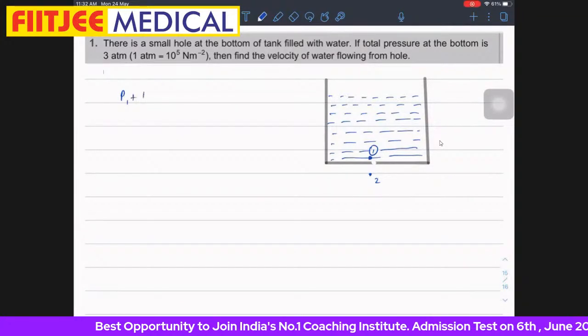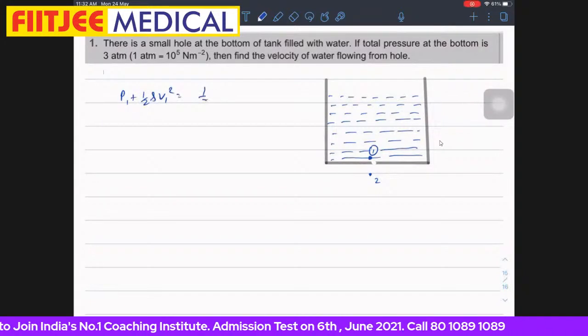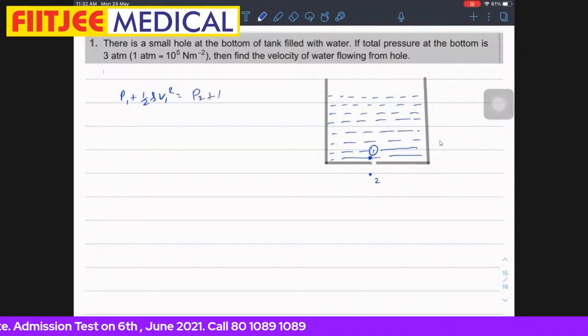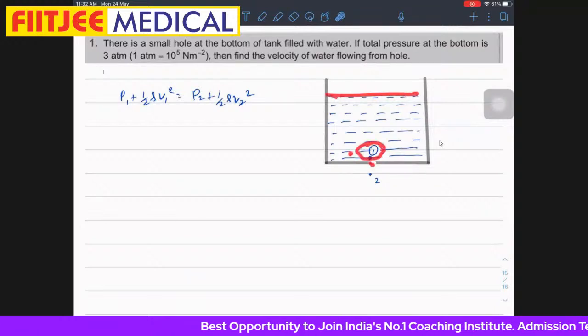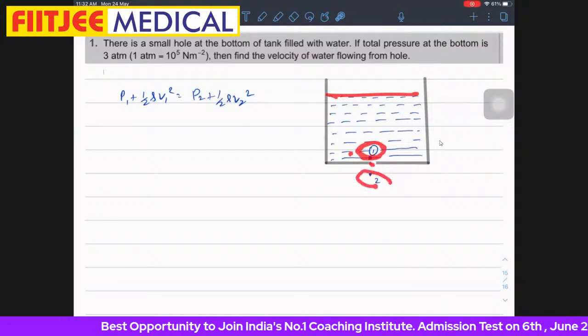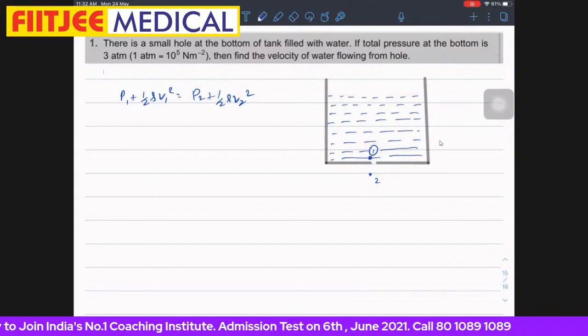So P1 plus half rho V1 square, velocity would be negligible, equals P2 plus half rho V2 square. You can see that this area is very large compared to this area. So from equation of continuity, you can say velocity at point 1 will be very small compared to velocity at point 2. That's why I will not consider this. So I can say approximately it would be 0.